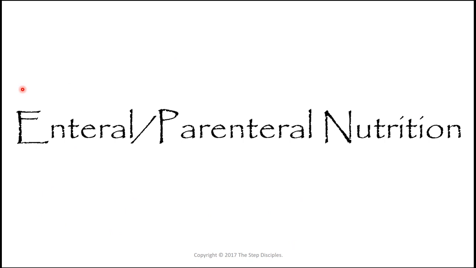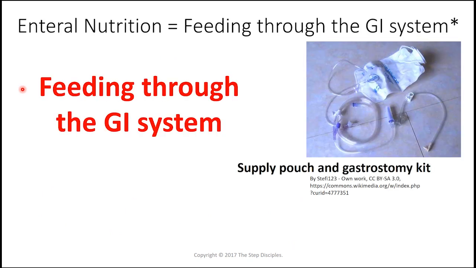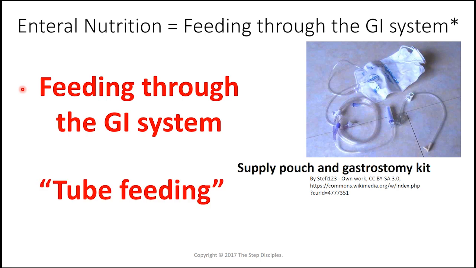And we'll finally finish up with this conversation about enteral and parenteral nutrition. Enteral nutrition is feeding through the GI system, excluding really the mouth. So you can call it tube feeding, but it doesn't necessarily have to be in a tube. It's just anywhere in the GI system that skips the mouth.